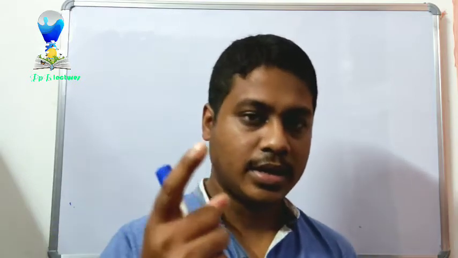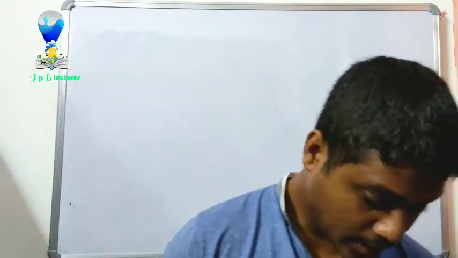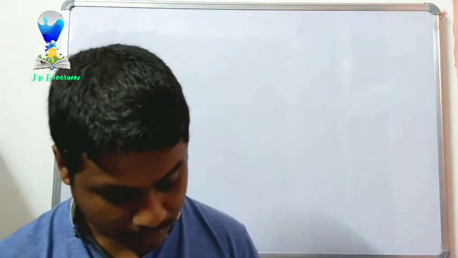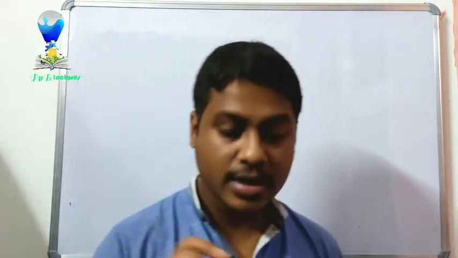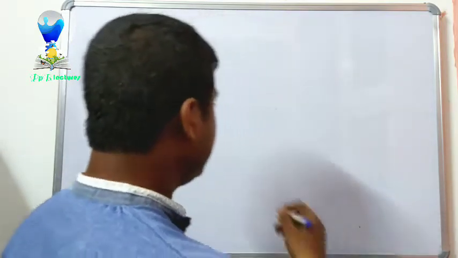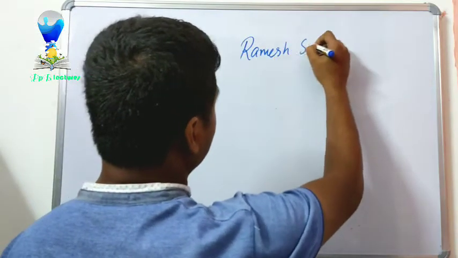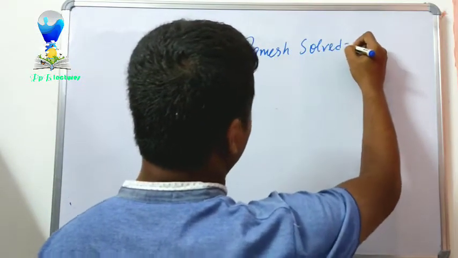सेकेंड वाला जो क्वेश्चन था, सेकेंड क्वेश्चन एज यू कैन सी ऑन द स्क्रीन, रमेश सॉल्व्ड 2/7 पार्ट ऑफ एन एक्सरसाइज while सीमा solved 4/5 of it. Who solved the lesser part? So it is given that Ramesh solved, how much part is given?